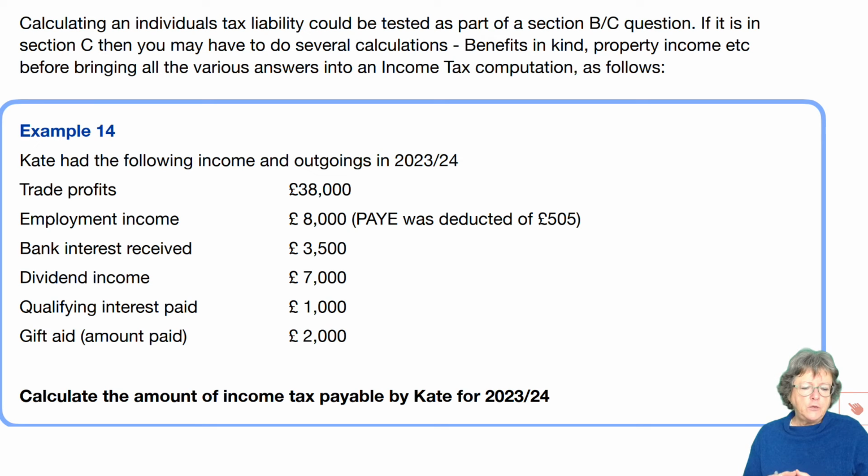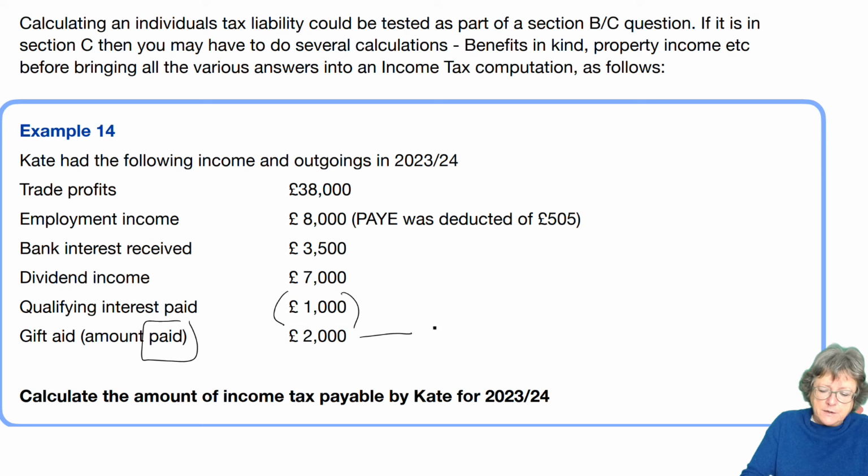And here you can see that she's got the following income: trade profits, a job, some bank interest, some dividend income, and some qualifying interest, which is a deduction. That's the amount paid, which means it needs to be grossed up.